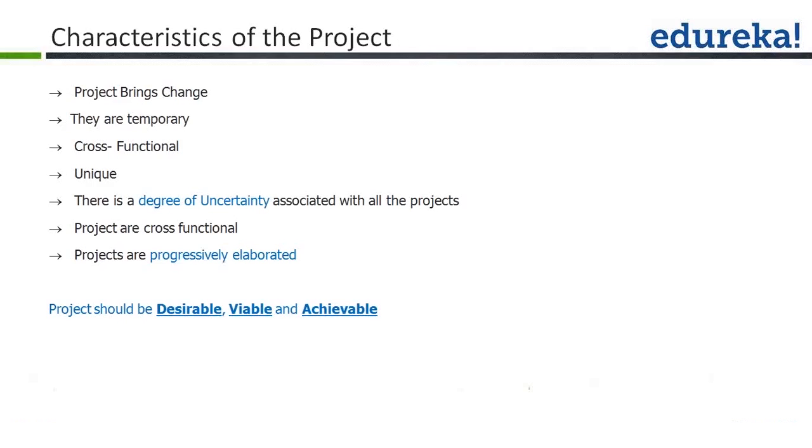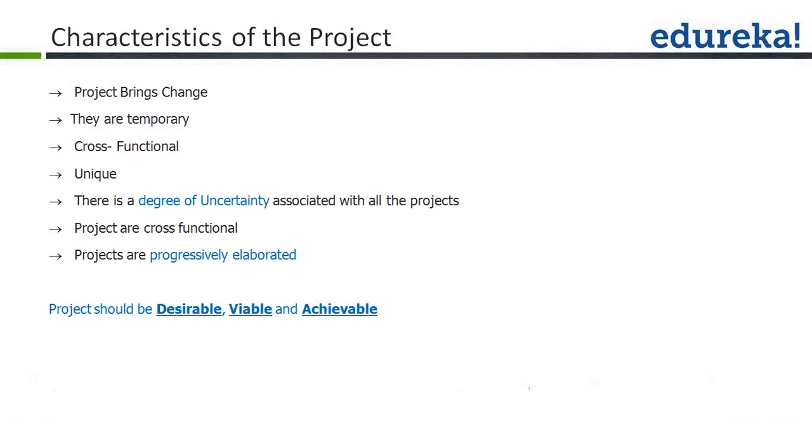Now let's go through some of the important characteristics of a project. All projects bring about change. The changes can be in the form of processes, products, tools and techniques, organization structure, or at least expectations.